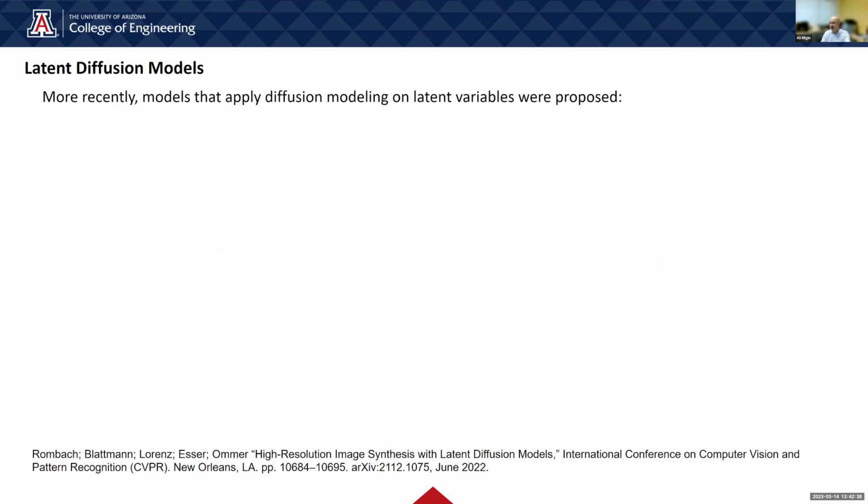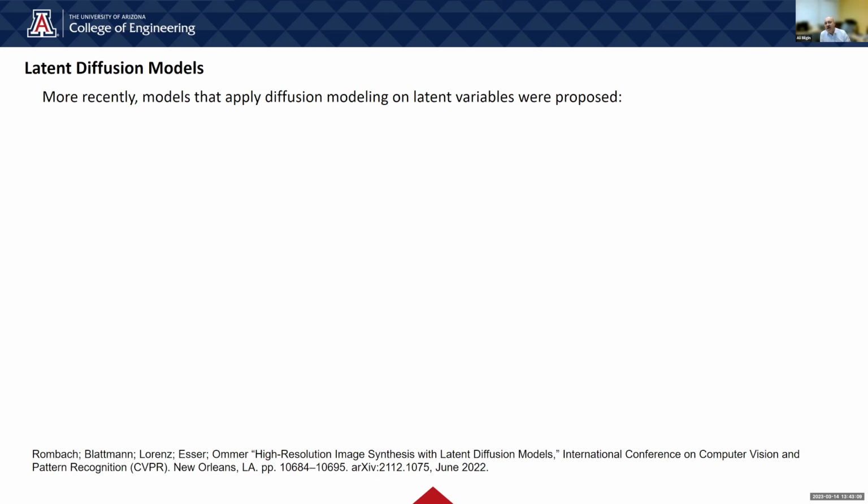A couple of other improvements over the last year or so. There's a lot of interest in looking at latent diffusion models. The way that I've described the diffusion process earlier is based on pixel level diffusion. We have an input image and we try to learn the characteristics of that image.